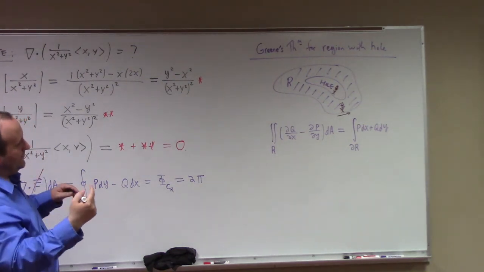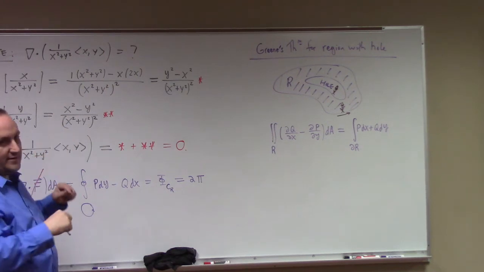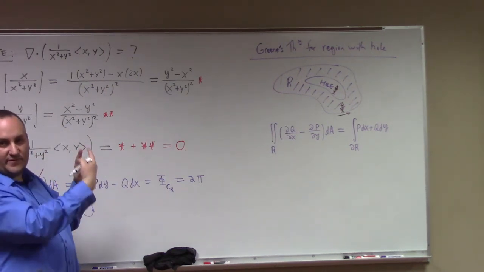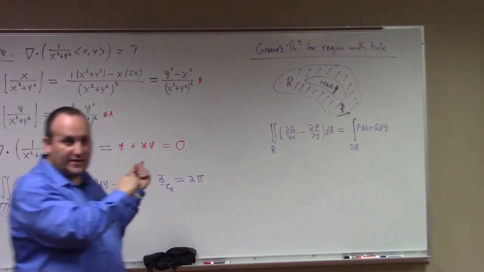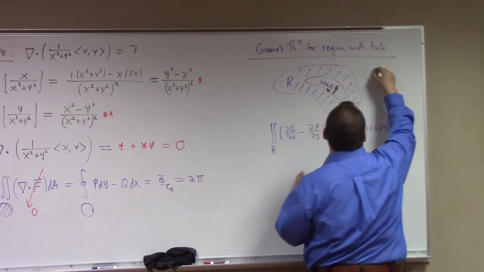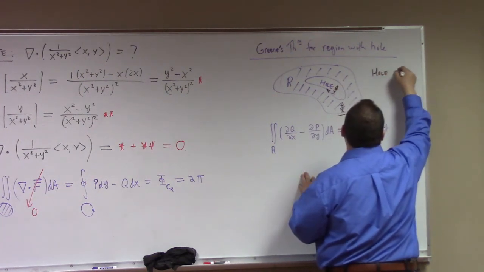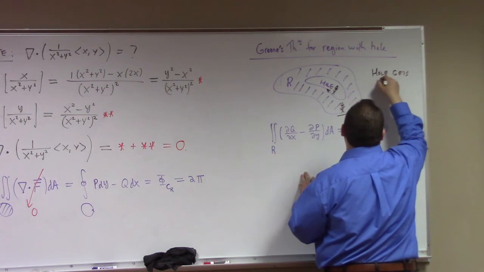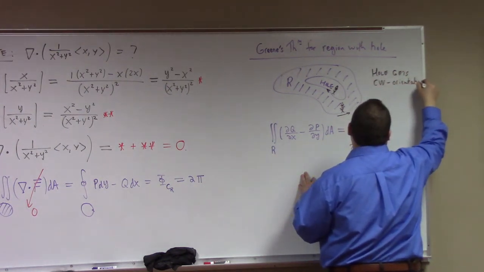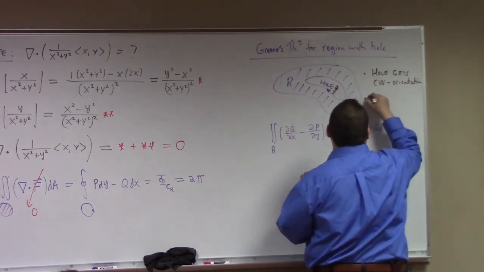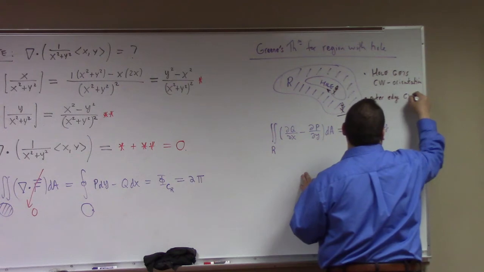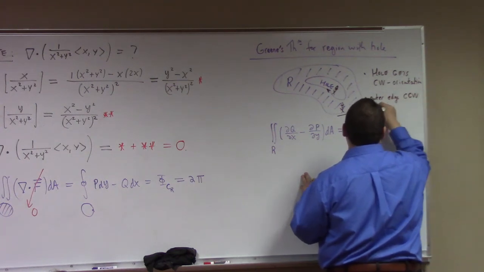But if you can imagine him walking along the inside, he has to be walking the opposite way to keep the area on his left. So the hole gets clockwise orientation. The outer edge gets counterclockwise orientation.